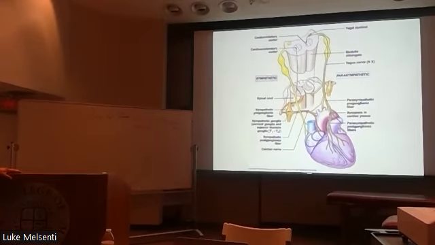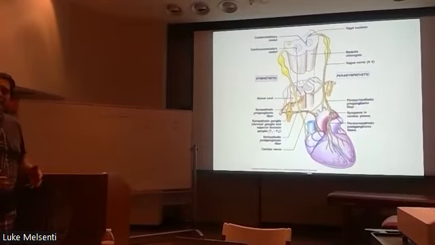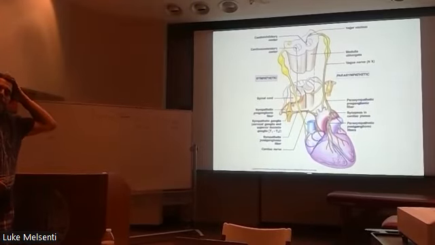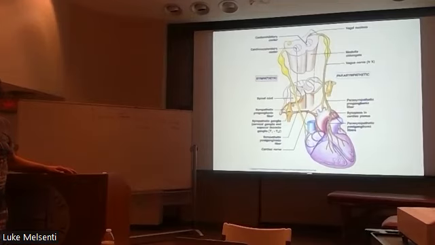It comes out and synapses, and then you have your pre-ganglionic sympathetic fiber and your post-ganglionic sympathetic fiber. Obviously, sympathetic is going to cause an increase in rate, an increase in strength, and more blood. Your ejection fraction is going to go up. It's going to increase the pumping of the blood.